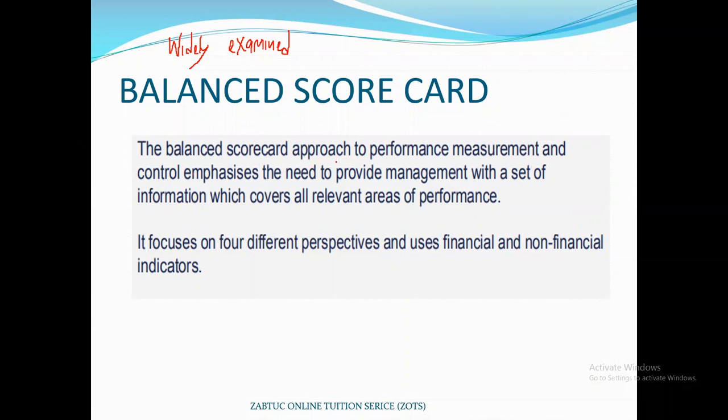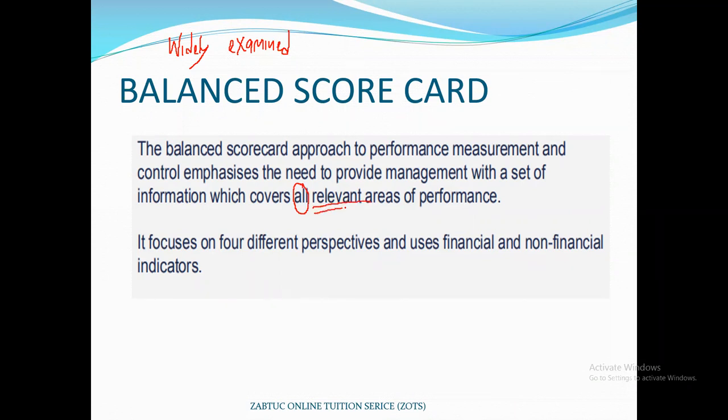The balanced scorecard approach, performance measurement and control, emphasizes the need to provide management with a set of information which covers all relevant areas of performance. So normally that is what is said about this model, that it covers all relevant areas.